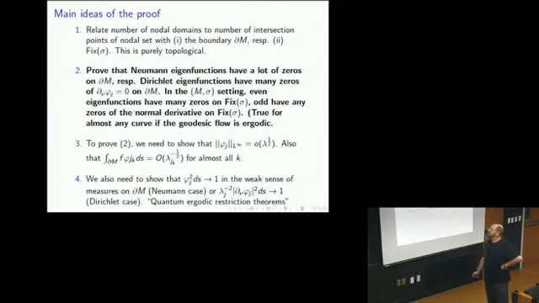Now, here's the main idea of the proof. First of all, there is a topological part of the argument, which I'm not going to go into very much, a little bit of surface topology. Why do we need an involution or a boundary? Because we're going to relate the number of nodal domains of the eigenfunction to the number of intersections of the nodal set with the boundary.